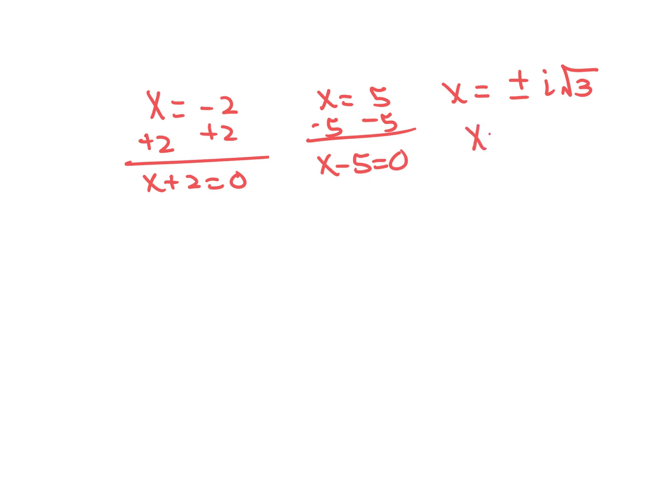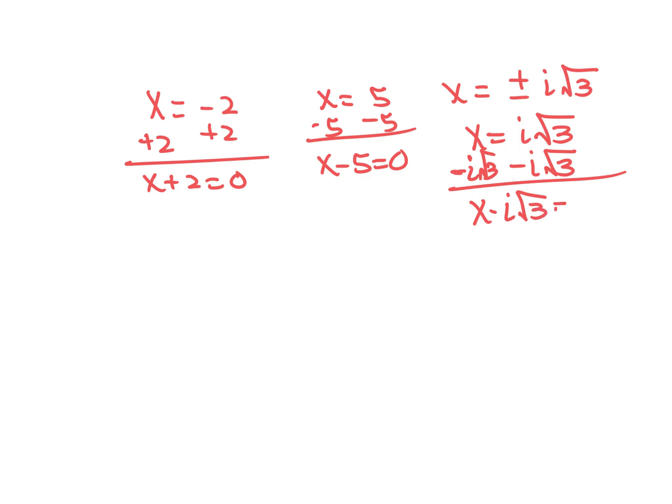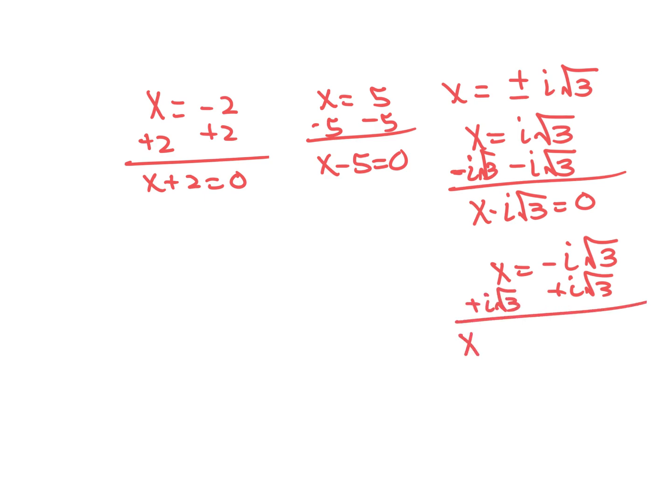I'm going to do x is equal to positive i times the square root of 3, so I'm going to subtract i times the square root of 3, and it's going to give me x minus i times the square root of 3 equals 0. And then I'm going to take x equals negative i times the square root of 3, and I'm going to add i times the square root of 3, and I get x plus i times the square root of 3 equals 0.